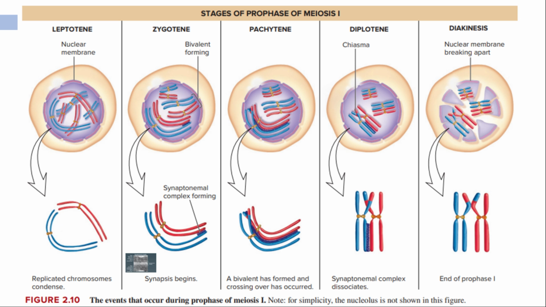So ayan, maghihiwalay na talaga yung dalawang chromosome, although sa illustration medyo magkadikit pa sila. But yun, the point there is nagdi-disintegrate na yung synaptonemal complex. And also, the nuclear membrane also disintegrates. Again, class, importante na mag-disintegrate yung nuclear membrane because the kinetochore microtubules have to gain access to the kinetochores of the chromosomes.